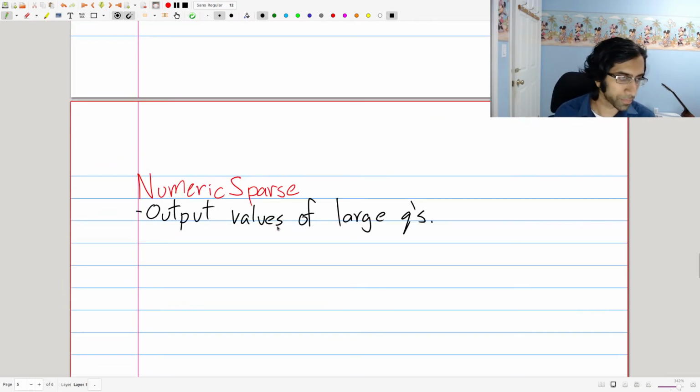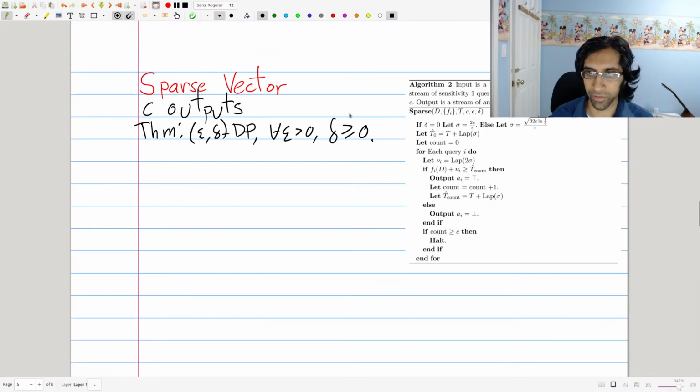It turns out this isn't too hard to do just by a post-processing type method. Essentially the only change will be something of the following. This is kind of informal, but instead of outputting this here, in the numeric sparse version what we do is output a_i equal to f_i of D plus some new Laplace random noise, Laplace of theta of C over epsilon.